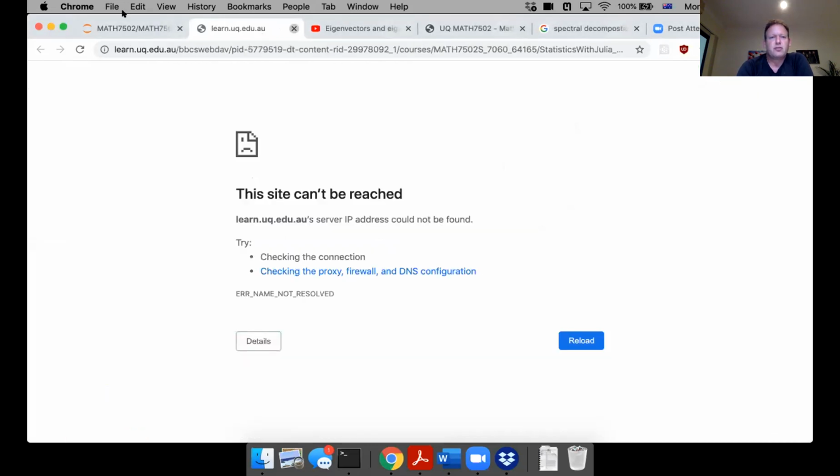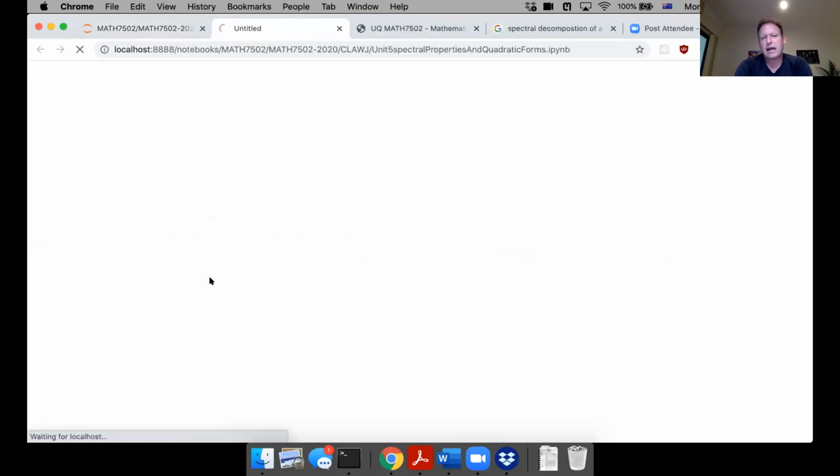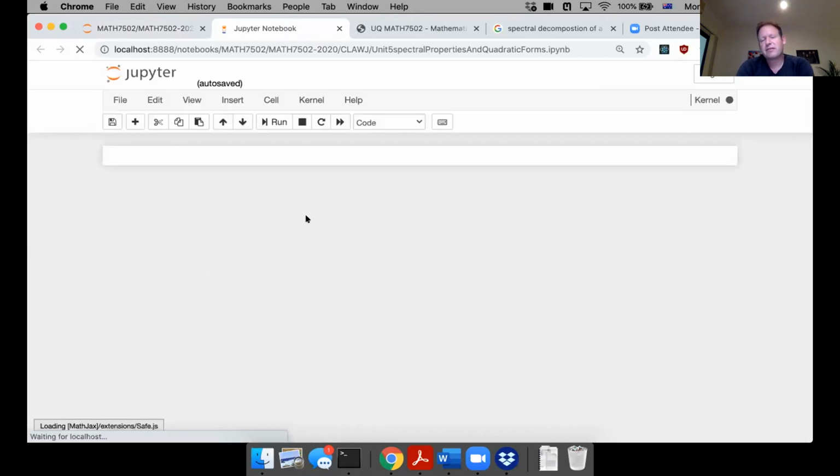A 2 by 2 matrix has 2 eigenvalues, and a 3 by 3 matrix has 3 eigenvalues. An n by n matrix has n eigenvalues. Maybe they're distinct, maybe not, but there are not more than n eigenvalues. So you can treat the spectrum of the matrix as the collection of eigenvalues that the matrix has.